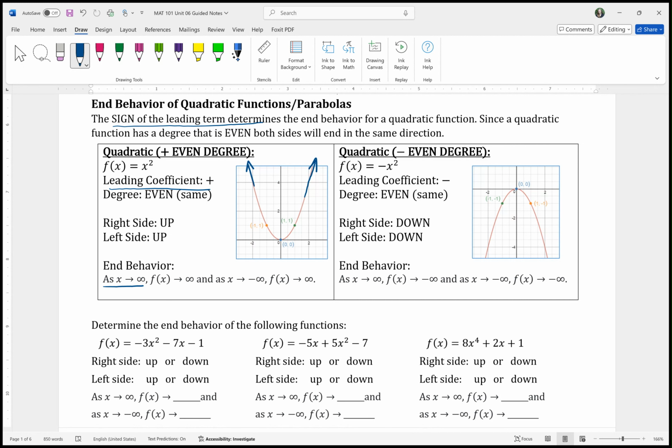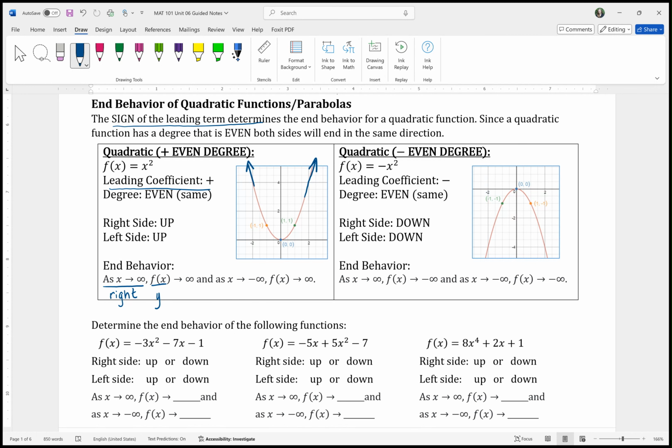Where do our numbers for our x values get bigger, bigger, bigger? That is to the right, okay? So if I go to the right, this is saying what happens to f of x? And we know that y is the same as f of x. So it's asking what's happened to our y values.